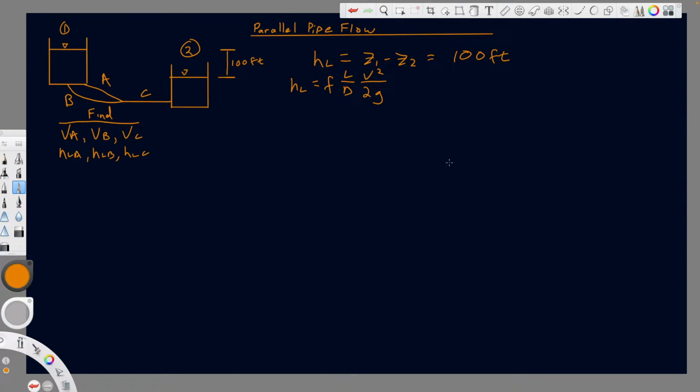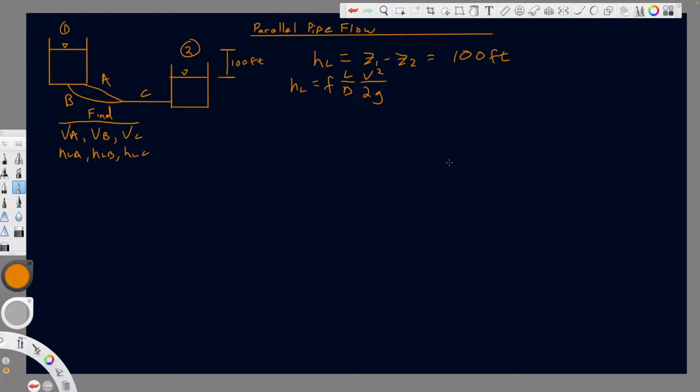Okay, so how can we use this information to figure out flow rates in A, B, and C? There are three things you need to know about parallel pipe flow if you're going to try to solve one of these types of problems.